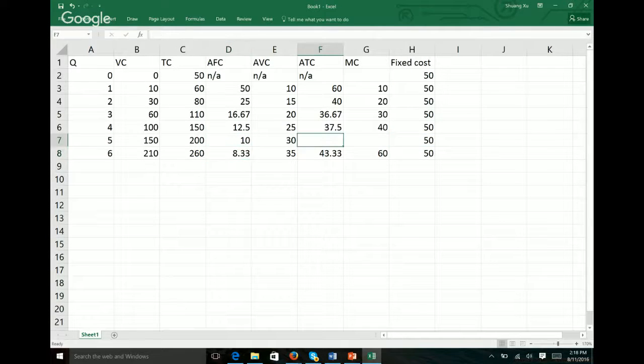Your average total cost will be your total cost divided by quantity. And then your marginal cost is the difference between each level. So between 3 and 4, it's 200 minus 150. And that's your marginal cost.